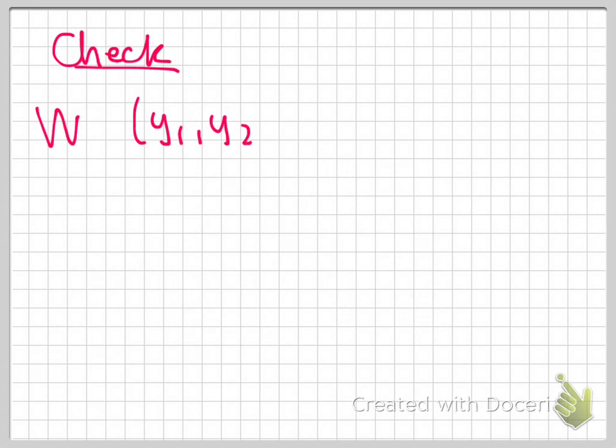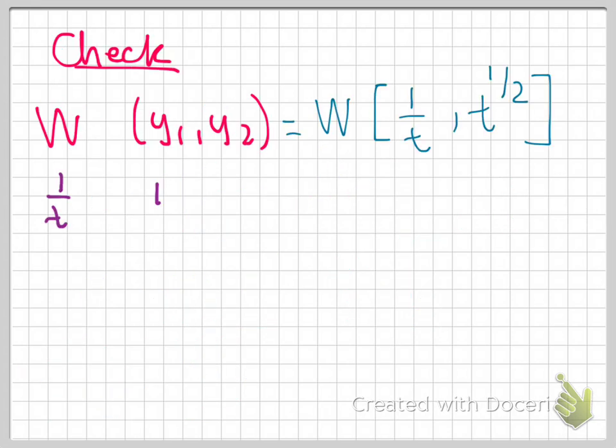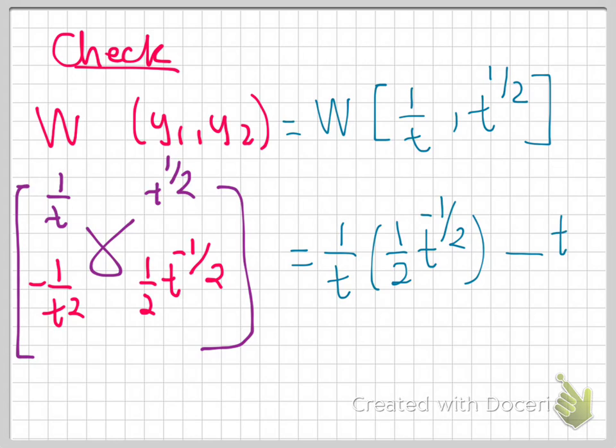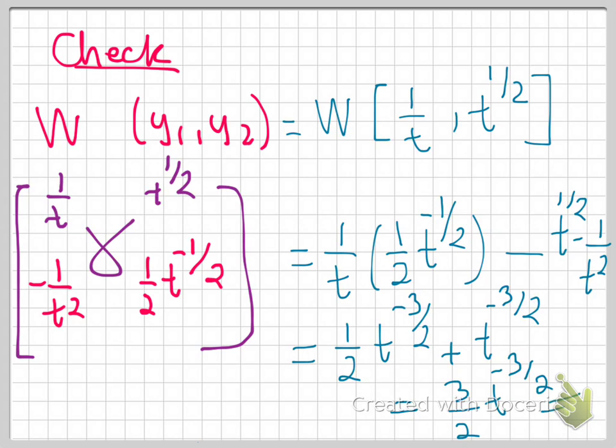The last step is to check if y1 and y2 form a fundamental set of solutions using the Wronskian determinant. I set up a 2 by 2 matrix: this is y1, this is y2, this is y1', this is y2'. The Wronskian is the determinant of this 2 by 2 matrix, so I take y1 times y2' minus y1' times y2.